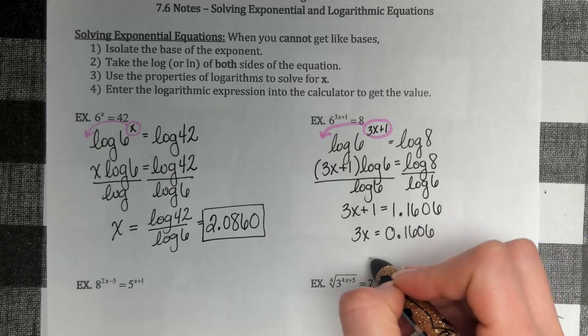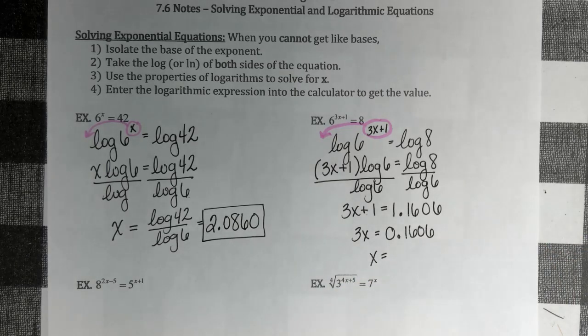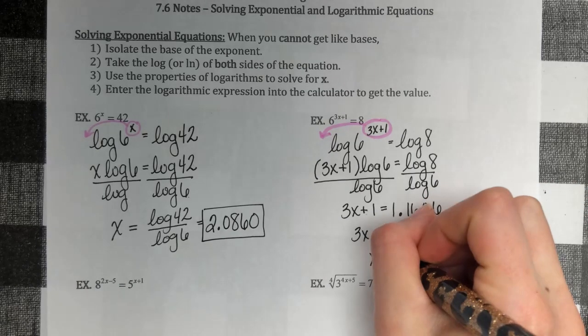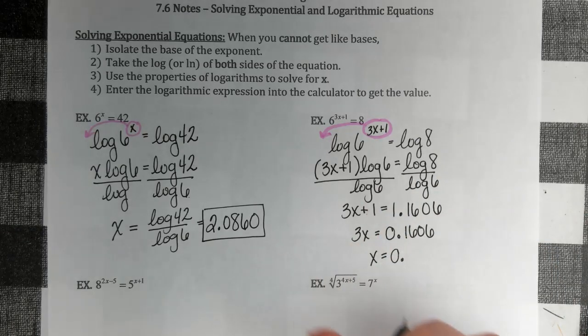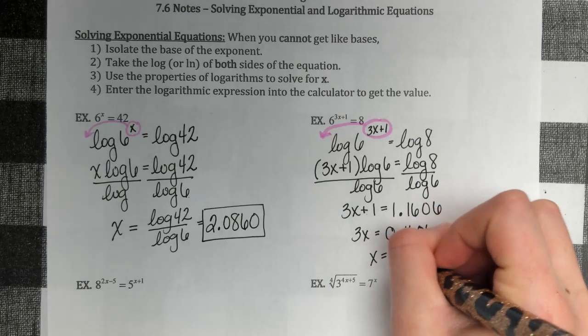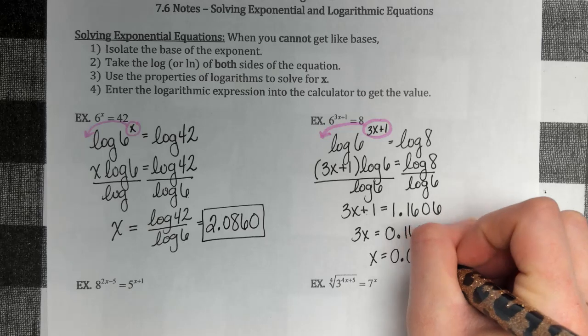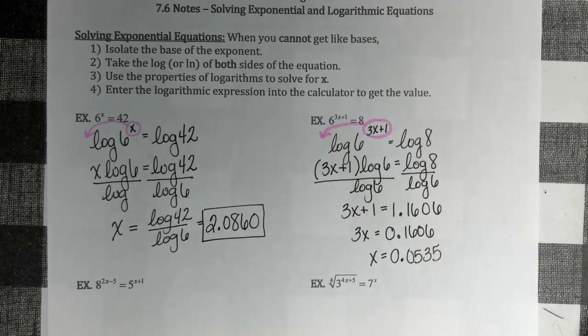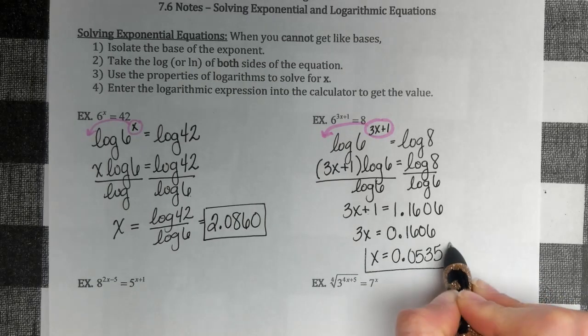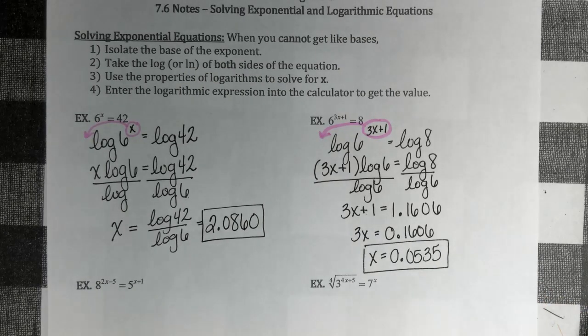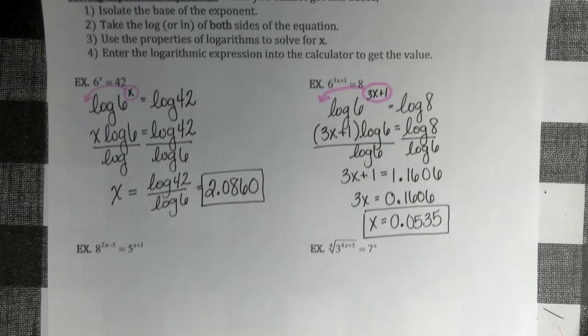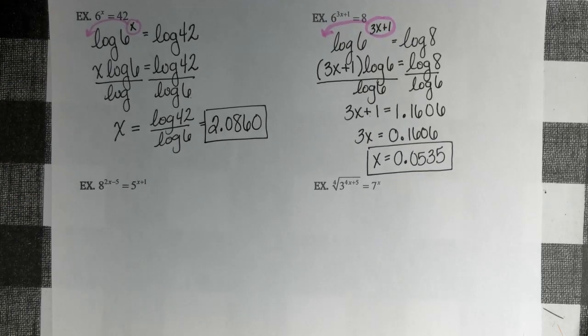Then divide by 3, and you get 0.0535. Are we good with that?